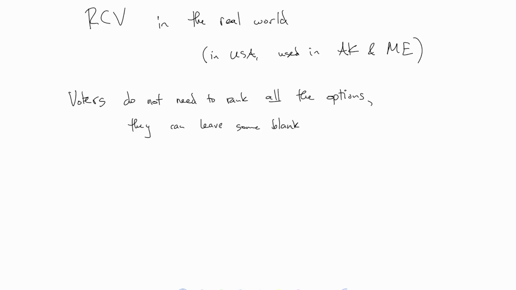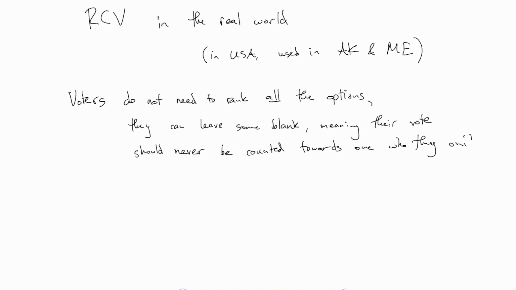If you leave some blank, their vote should never be counted towards the ones they omit. All right, let's do an example, and then I've got a real life example.